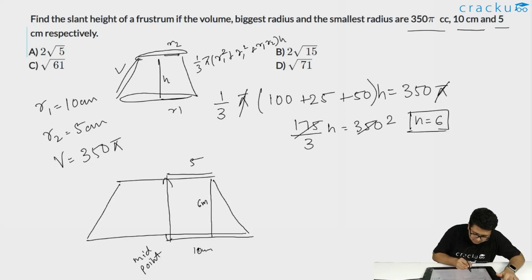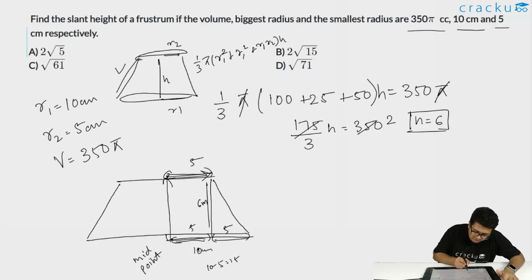So if this length is 5, then this length must be 10 minus 5, which is equal to 5. So this length is 5 and this length is also 5, because the upper radius, the smaller radius, is equal to 5. Parallel to this is 5, and this is the remainder after subtracting from the larger radius.